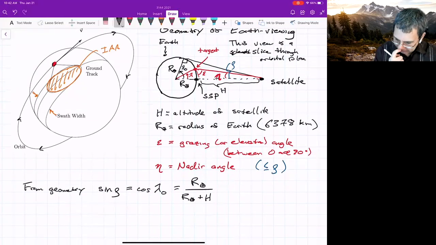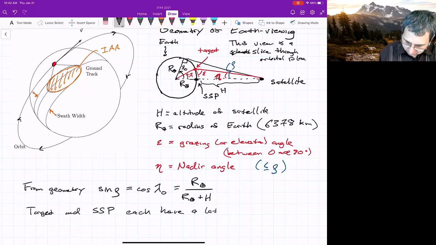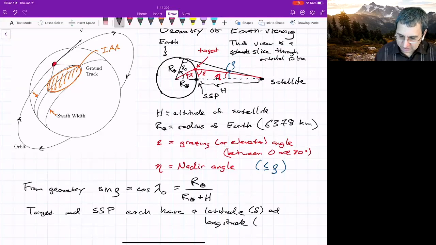Now the target and the satellite, at least the satellite SSP, each have a latitude, which we'll represent by delta, and a longitude, right? This is lat long for points on the Earth.